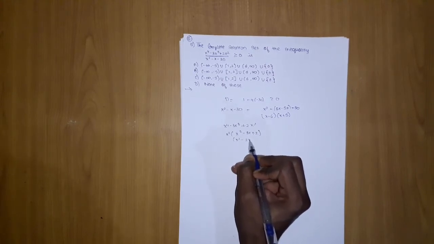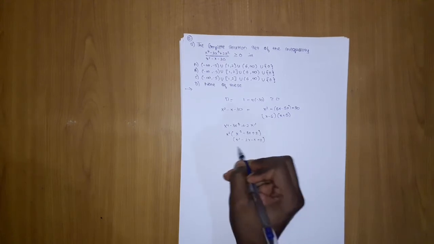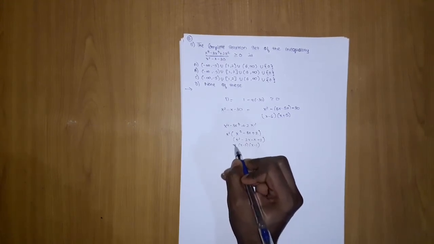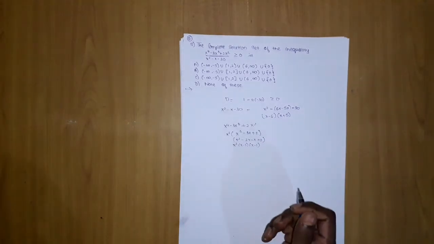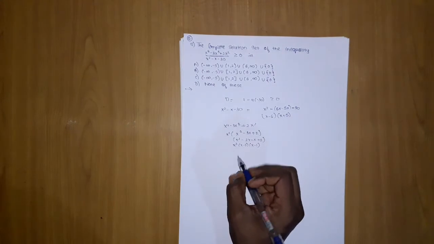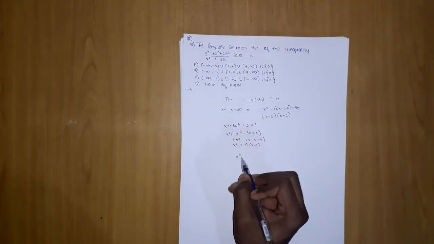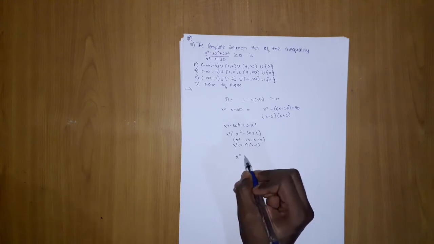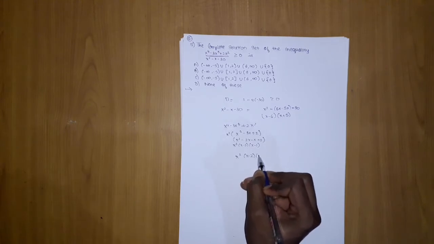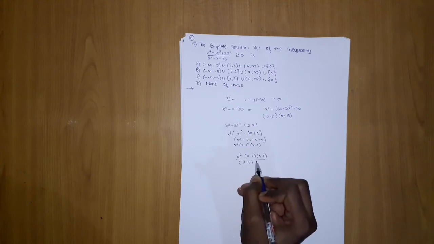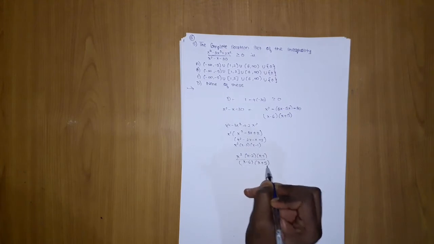Yes, it will be x minus 2, x minus 1. So we have broken almost all of them. Now we can write it as x square into x minus 2 into x minus 1 upon x minus 6 into x plus 5.